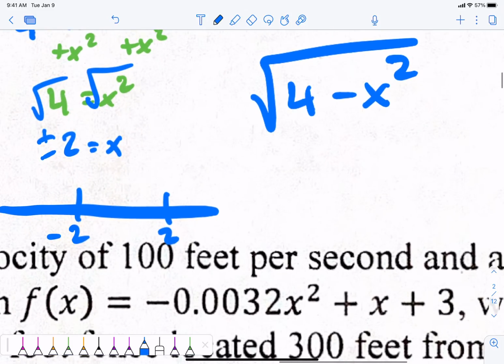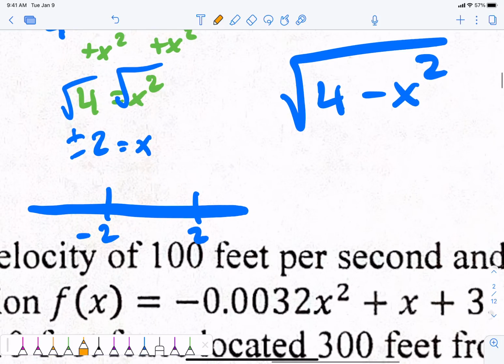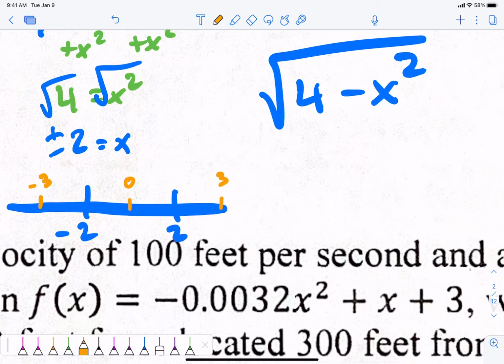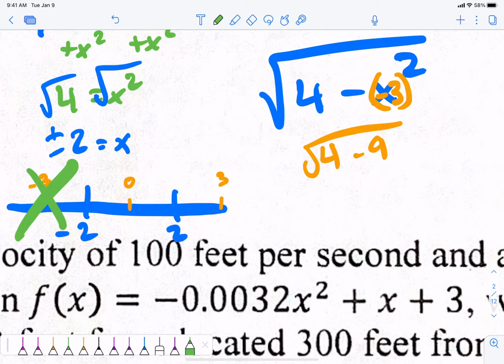I think we've done this before, right? I know we did; we just got into doing it in trig. Let's plug in negative 3 here. Always plug in 0 if you can. Plug in positive 3 here, and let's see what we get. If I plug in negative 3, negative 3 squared, this would be 4 minus 9 and the square root of that. It's negative. Bad, bad, bad. We can't do that.